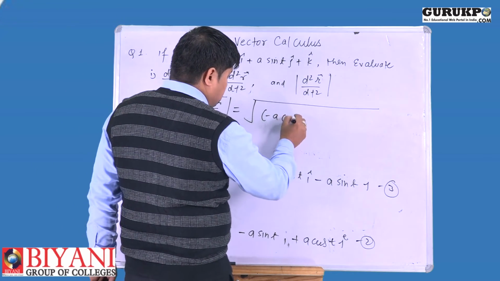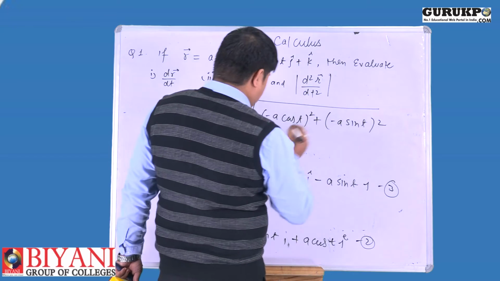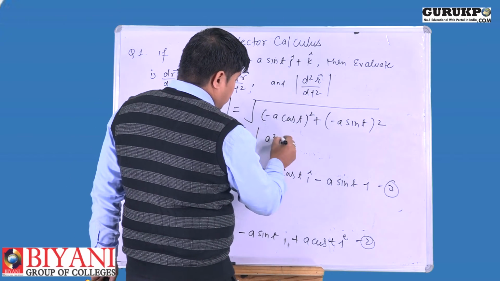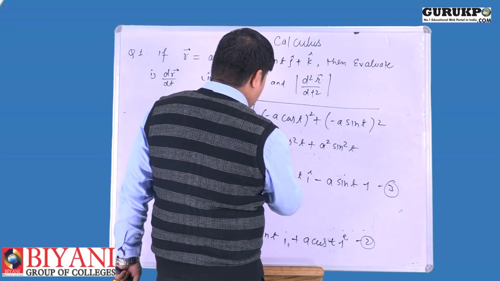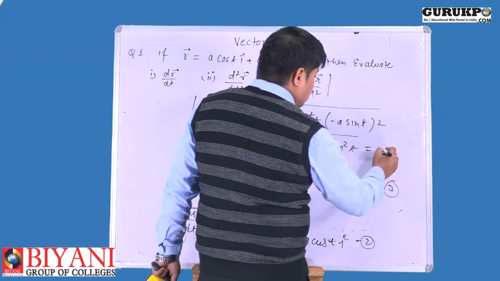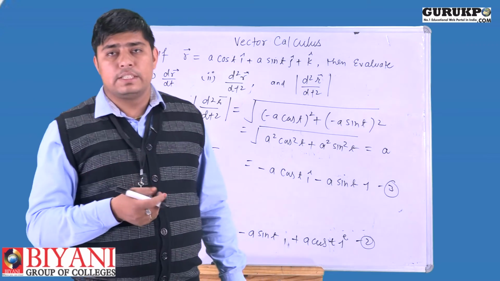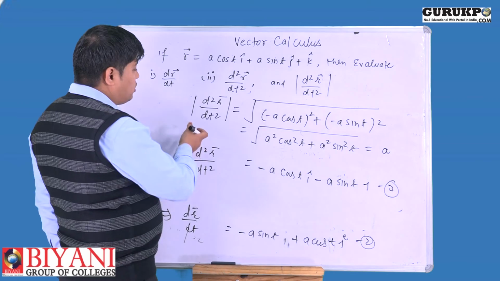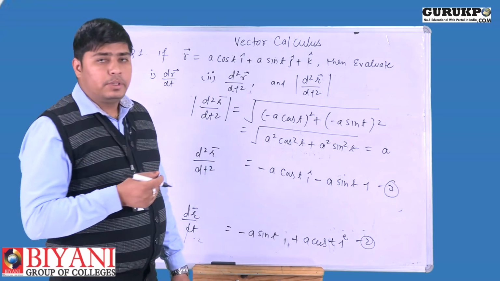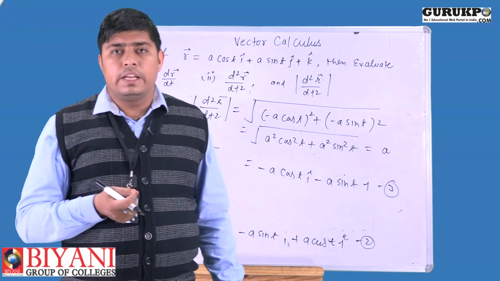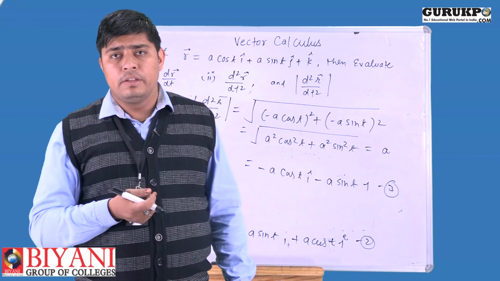It is minus a cos t whole square plus minus a sin t whole square, which is a square cos square t plus a square sin square t. Because sin square t plus cos square t is one, a trigonometric identity, we observe that the modulus of the second derivative d2r by dt square is a. So in this example we have observed that the differentiation of any vector function is so easy. We can evaluate other differentiation functions in the same manner.